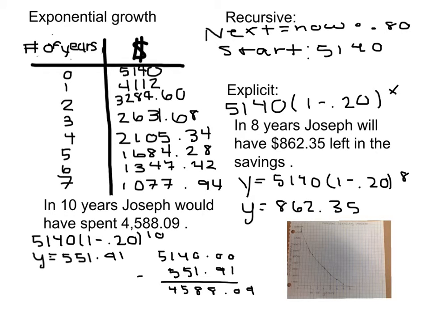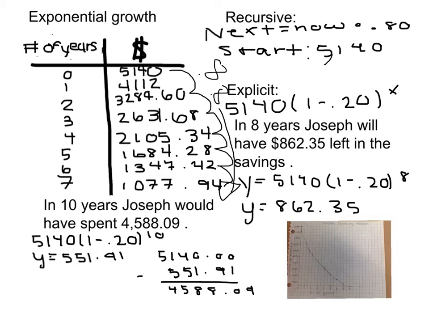So, for the table, he is multiplying it by 0.80, which is 80%, and the recursive problem is next equals now times 0.80, and the explicit form is 5,140 in parentheses 1 minus 0.20, which is the percent, and then to the x power.